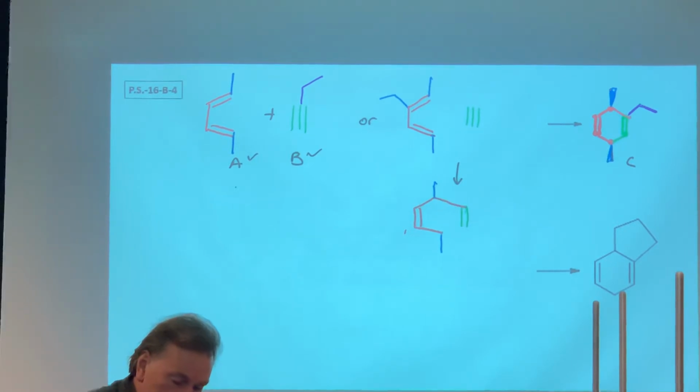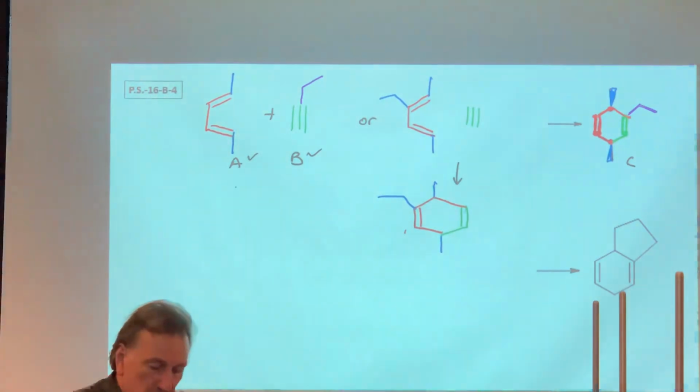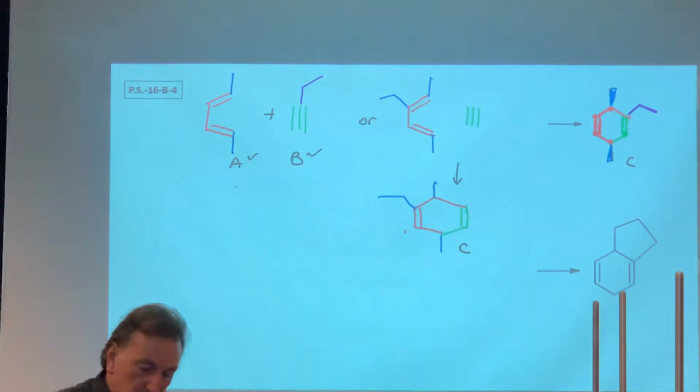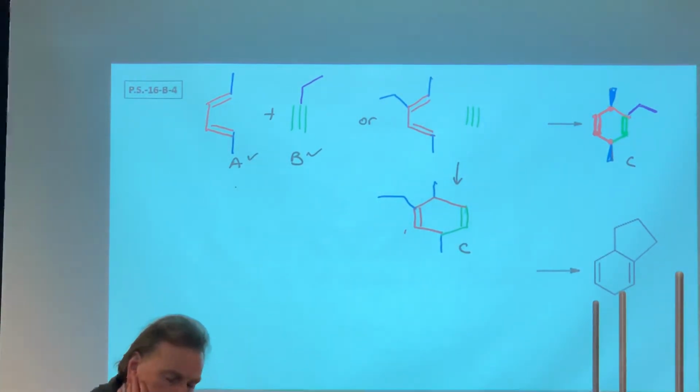So this will come over here, the green one will come over here, and then this will be over here, right? And also that's a possibility, right? So this is also C. Let's see if this is going to change anything in terms of structures.